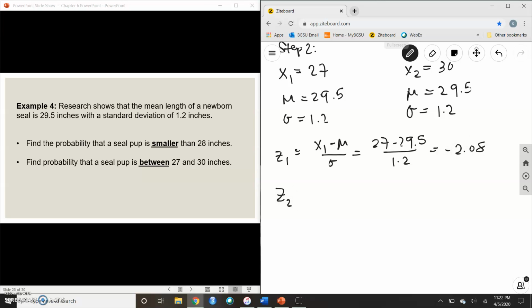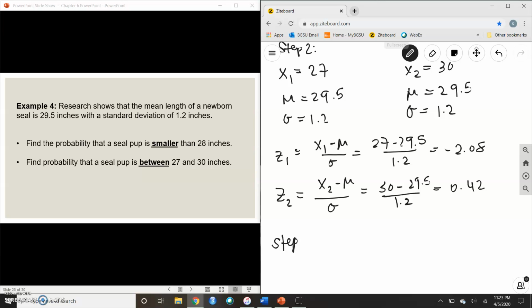I'm going to have a z2, for my x2, which is going to be 30 minus 29.5 all over 1.2, which is going to give me a 0.42 z-score. So here I have my two z-scores. Moving on to step 3.